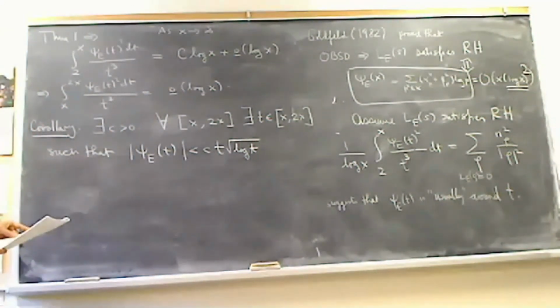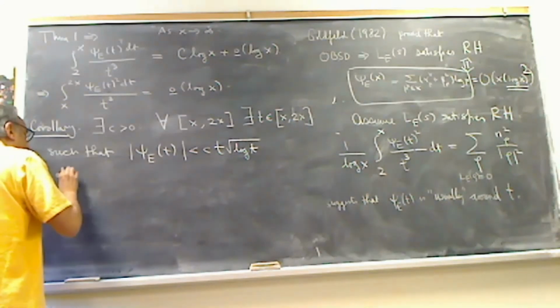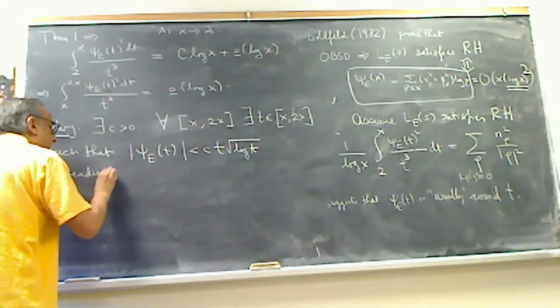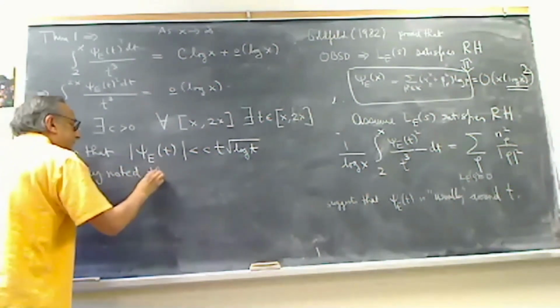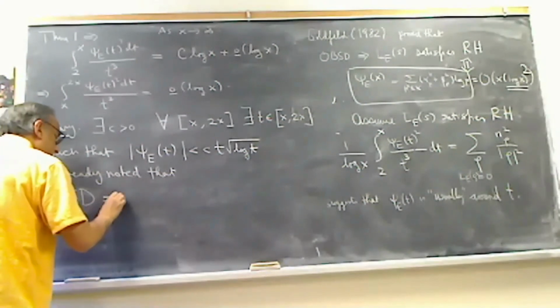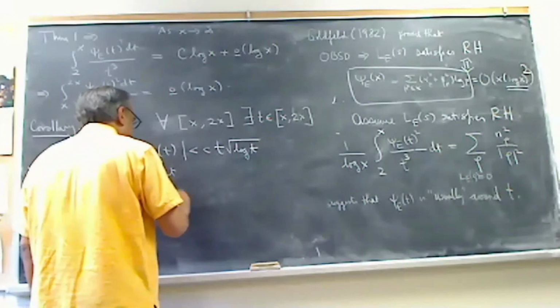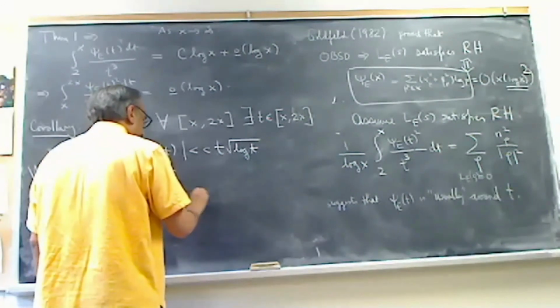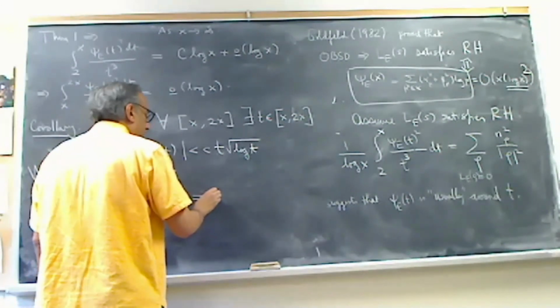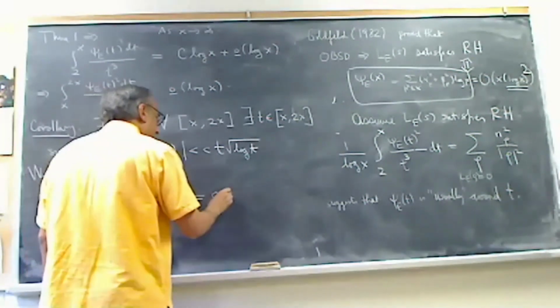That's the idea. So you get that. And now, as you can imagine, we already noted that the original Birch-Swinnerton-Dyer conjecture is equivalent to the statement that psi_E(t) is little o of x log x.